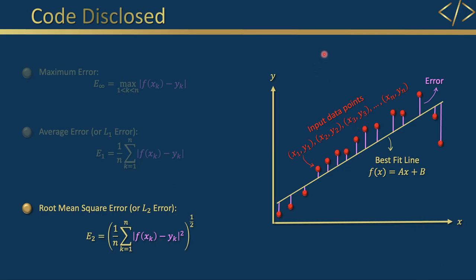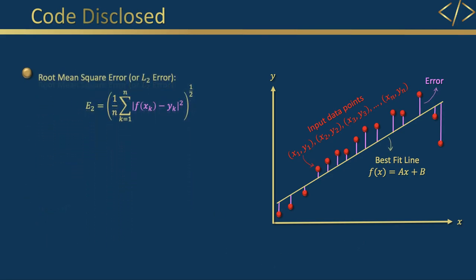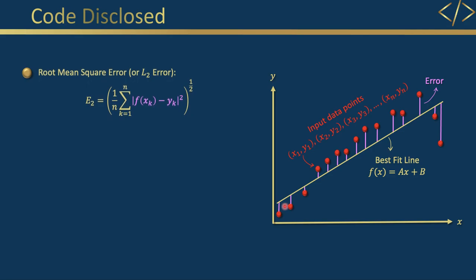If you have an outlier point, this maximum error will make the line a bit skewed toward the outlier. It doesn't give you the best fit line according to the whole bunch of points. So we are going to just focus on the root mean square error for now. I want to minimize this.